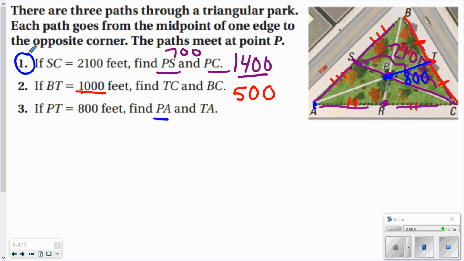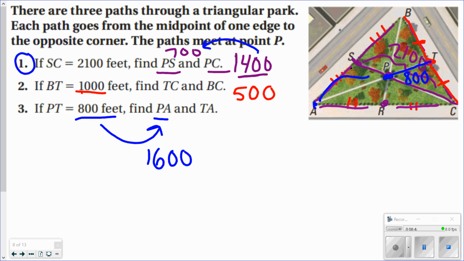Well, if we go back to number 1, if I knew the long segment, I would divide it by 2 to figure out the short segment. Well, in this problem, I know the short segment, and I need to figure out PA, which is the long segment. So instead of dividing by 2, I'm going to multiply by 2. So that means that PA is going to equal 1,600.